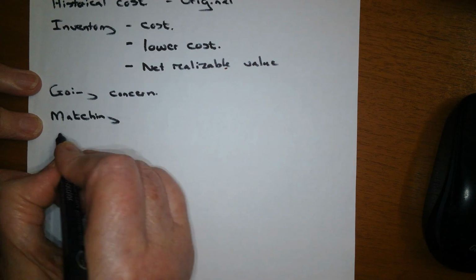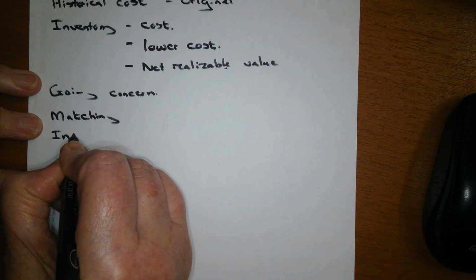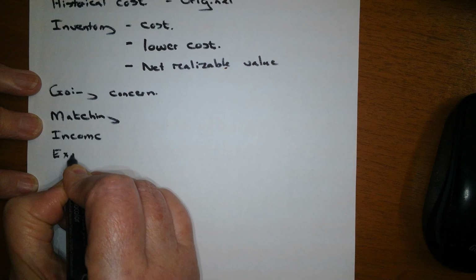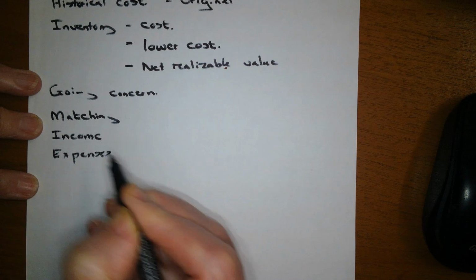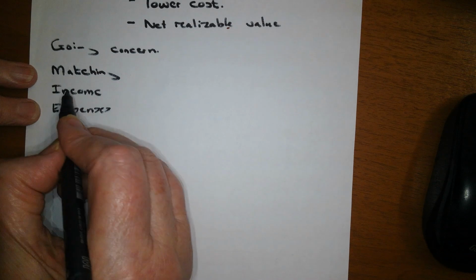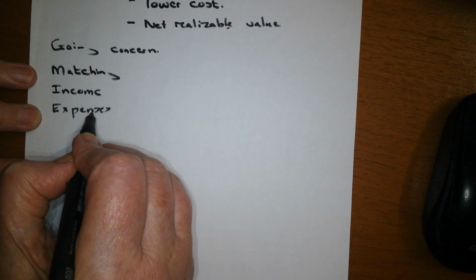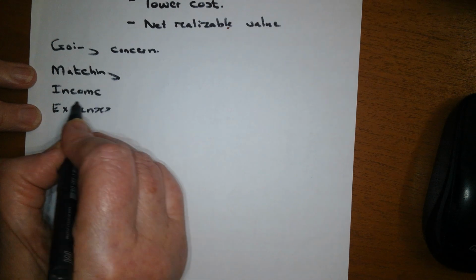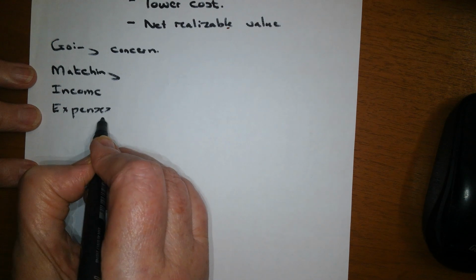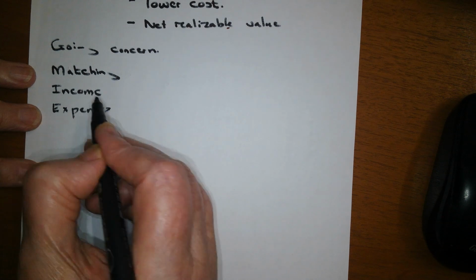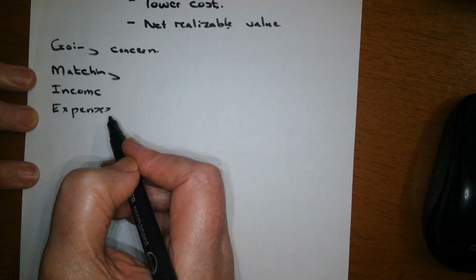Okay, so I have income in my income statement and I have expenses. Now what I have to do is I must match the expenses that I paid in a specific year to be able to create that income. So it means the expenses for that specific year must be in the same income statement as the income that I generate in that specific year.